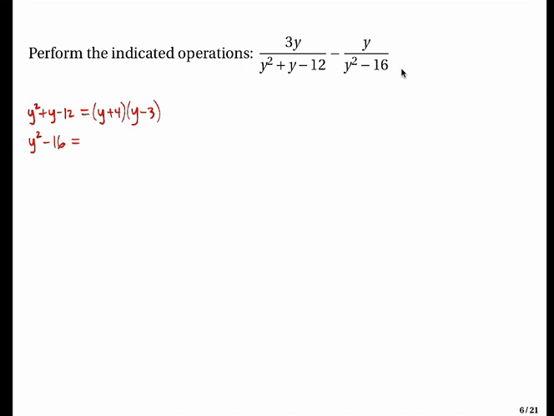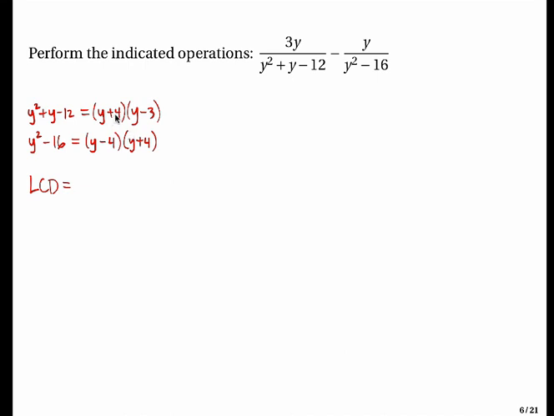This is equal to y minus 4 times y plus 4. And observe that the LCD, okay, is composed of the product of the factors that we see, and each factor is raised to the highest power that we see for that particular factor.